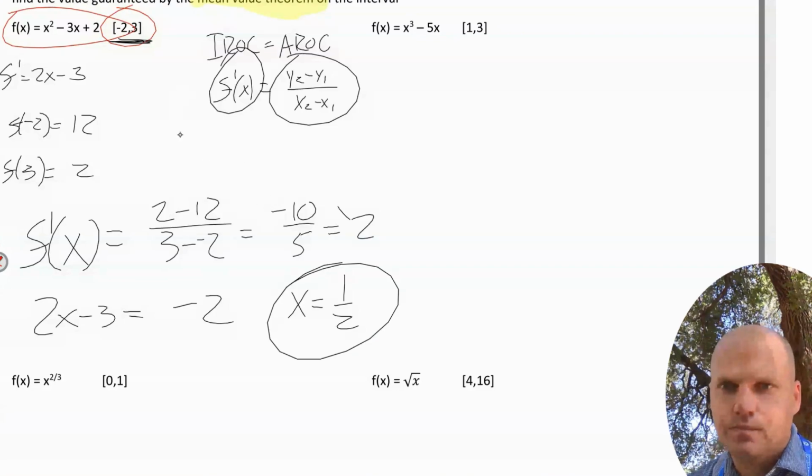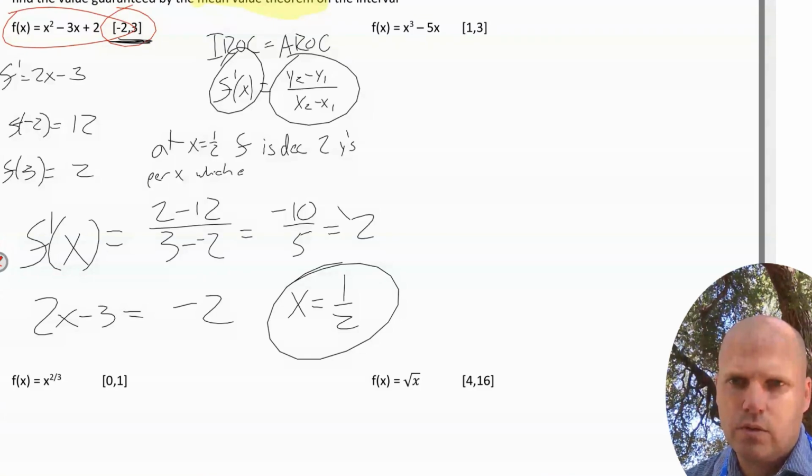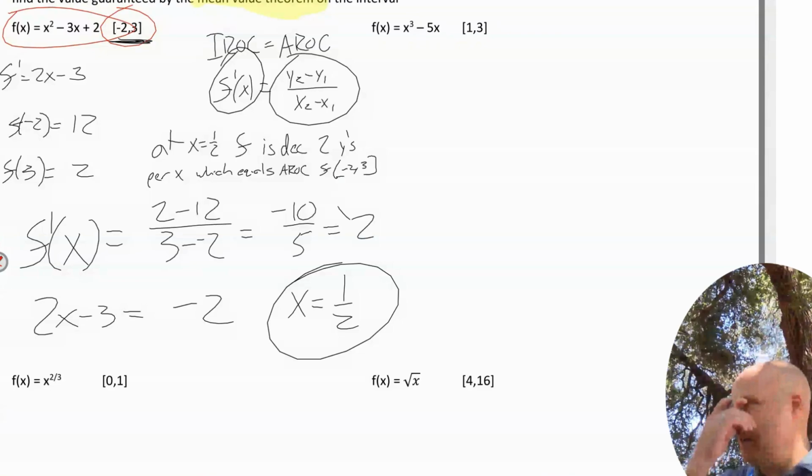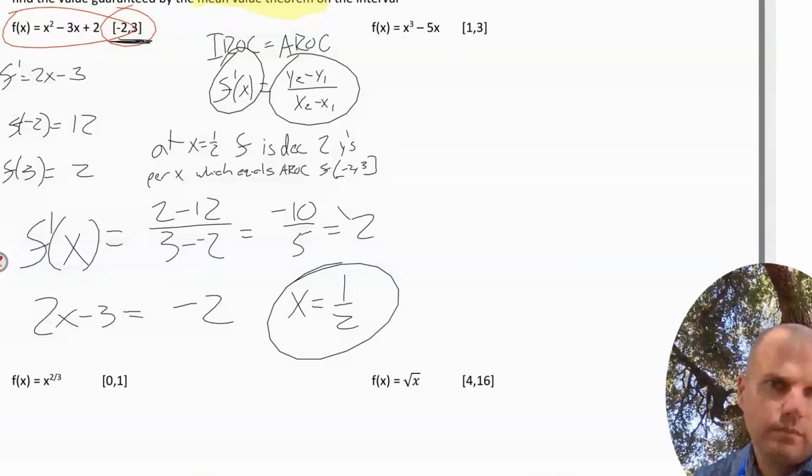There's that value. We'd say at x equals a half, f is decreasing by 2 y's per x, which equals the average rate of change of f over the interval negative 2 to 3. There you go. Guaranteed by the mean value theorem.